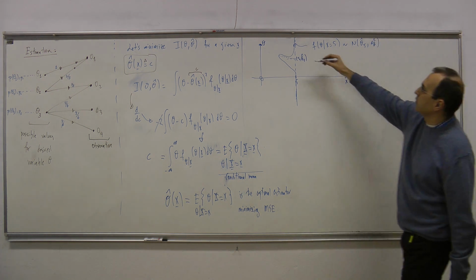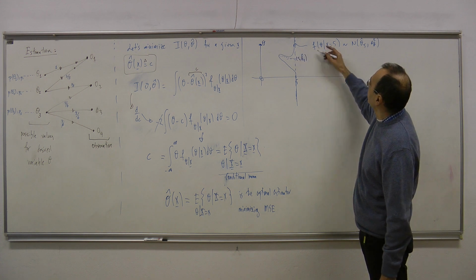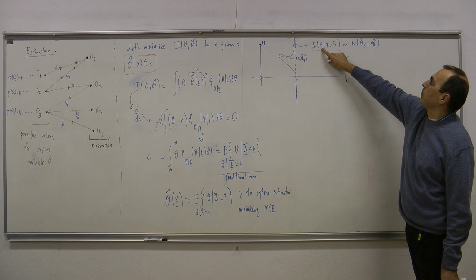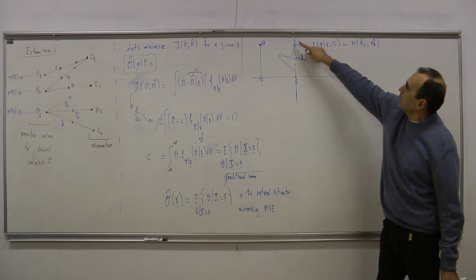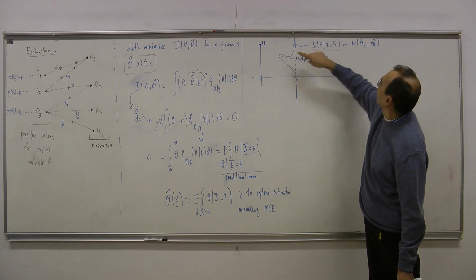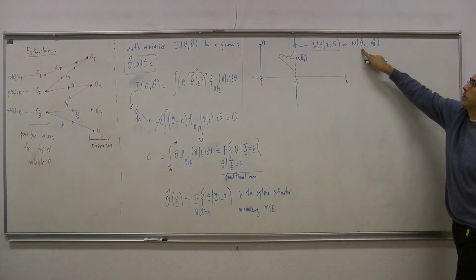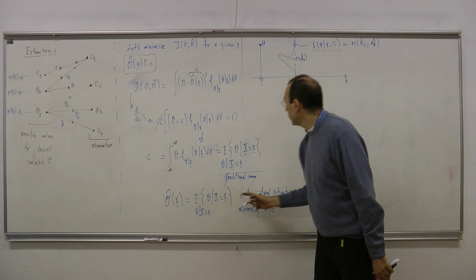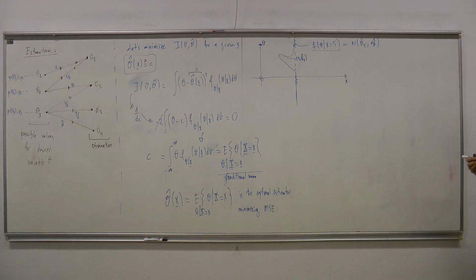But the important thing is the following. Right now, this is a conditional distribution of the unknown quantity given the observation. It has a shape like this. We are only interested in the mean of this posterior distribution.